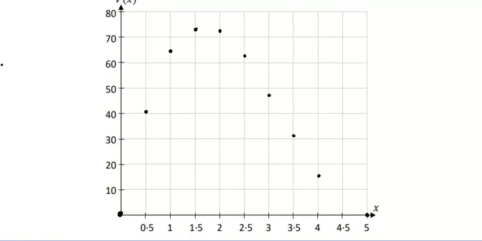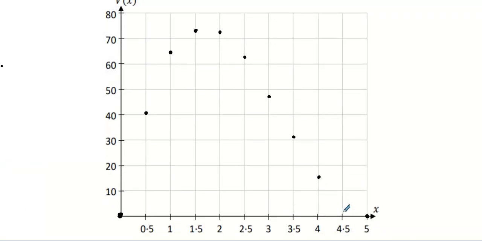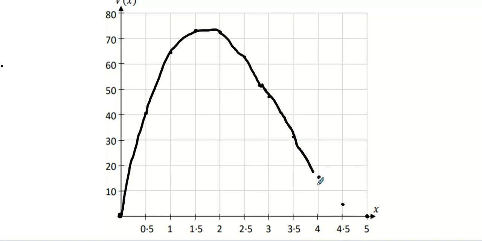And what did we say? 4.5 and 0 out here. This graph looks something like this. The graph has a maximum around here. I'm using my drawing pad, which sometimes isn't the best for this type of thing, so I did my best there.